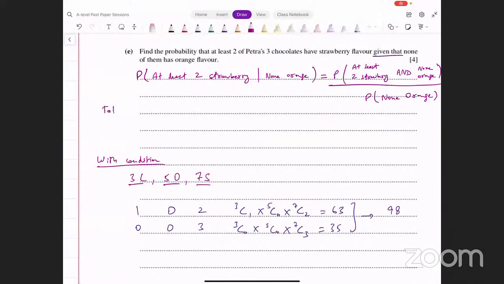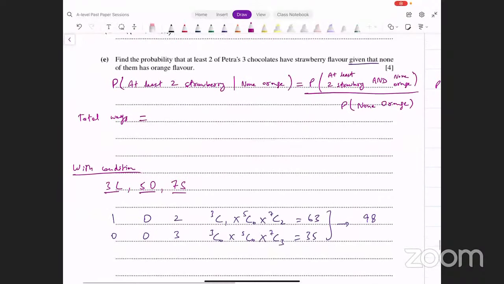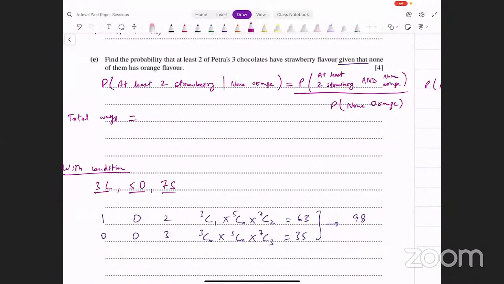Total cases कितने बने without any condition? Total ways without any restriction. What's that? आपको क्या करना है? नन ऑरेंज की प्रोबेबिलिटी क्या है? नन ऑरेंज के नंबर ऑफ केसेस कितने बन रहे हैं आपके पास? None of them being orange.